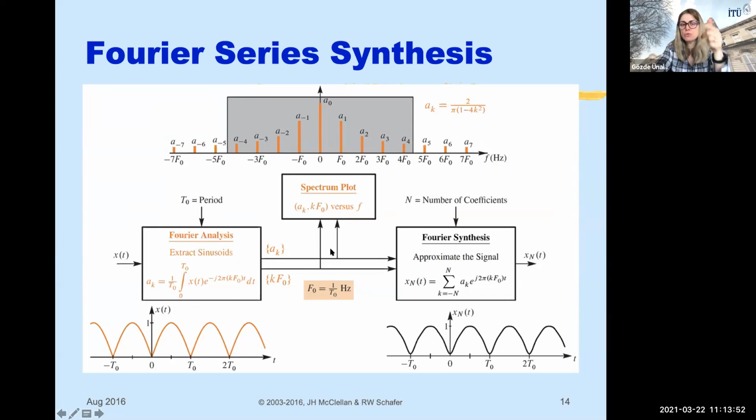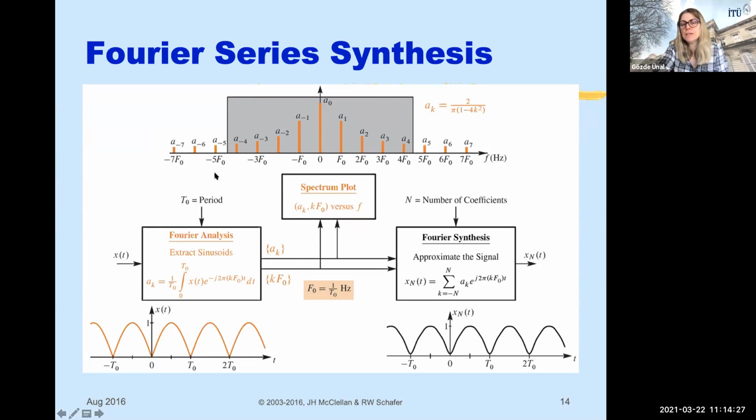Then go to the spectrum plot. Here, for instance, you see the envelope is a 1 over k square decay. I can compactly see immediately which components are there. This is just an illustration, A0 to A7. But the important point is this is a discrete spectrum, and I just have samples at multiples of F0. Some of them could be 0, of course, like even K was 0 in some of the examples we've seen.